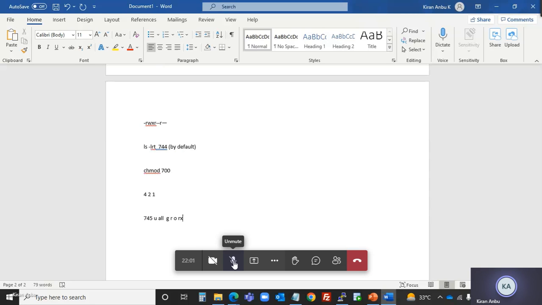User or owner, same only. So for user I am giving all permissions, and for group, my group members, I just want to give them only read access. Because they are from my group, I don't want them to make any changes in this file. For others, 5 means 4 plus 1, read plus execute.